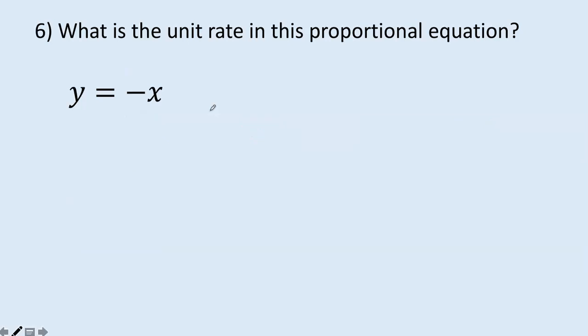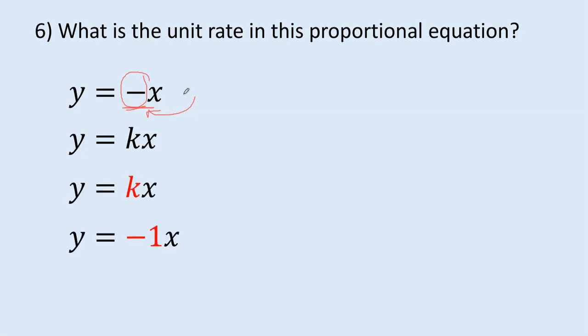Here's another tricky one. What is the unit rate in this proportional equation? It looks like there's no number here. It looks like there's no k value. It looks like there's no unit rate. But really, this is not negative x. Negative x is really -1x. So when you don't see a number, I want you to think of it as there's really a 1 there.